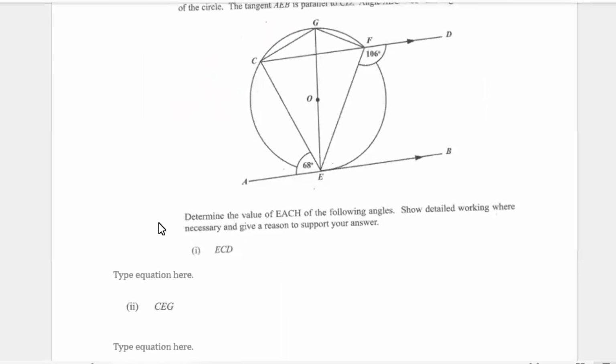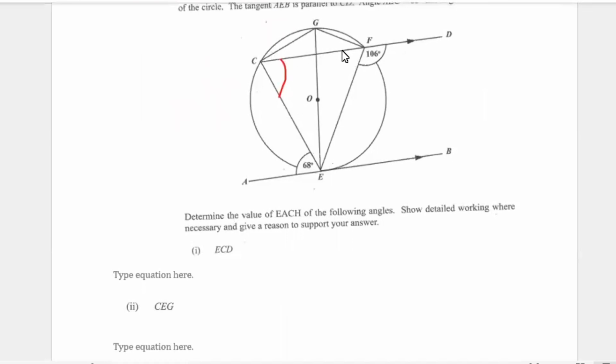The first thing they want us to find is ECD. So angle ECD, they want us to find the angle right here.